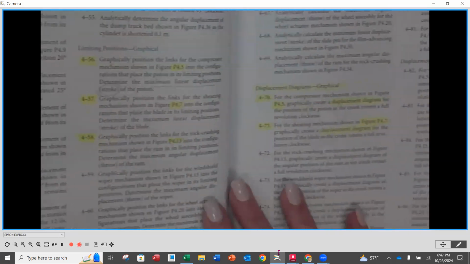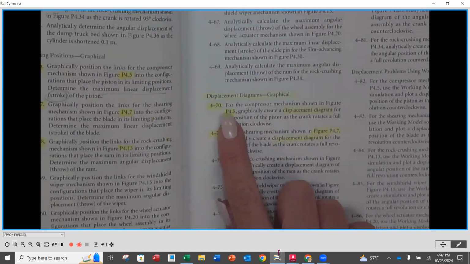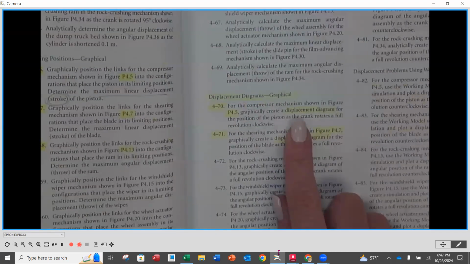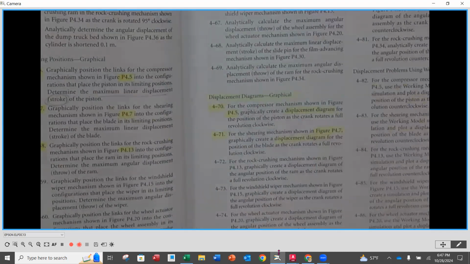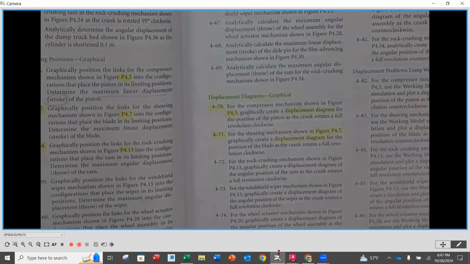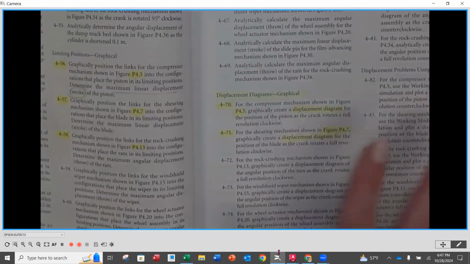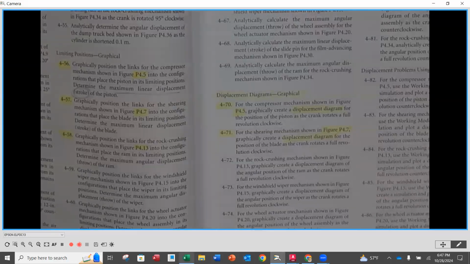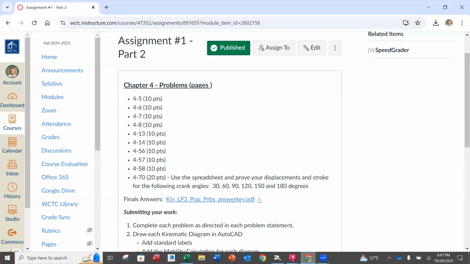And then the last problem is just going to be 4-70, not 4-71, just 4-70. You're going to create the displacement diagram using Excel, putting in the information, but then you are also going to show graphically the crank moved to the following degrees: 30, 60, 90, 120, and 180. So there are 6 positions that you're going to show.